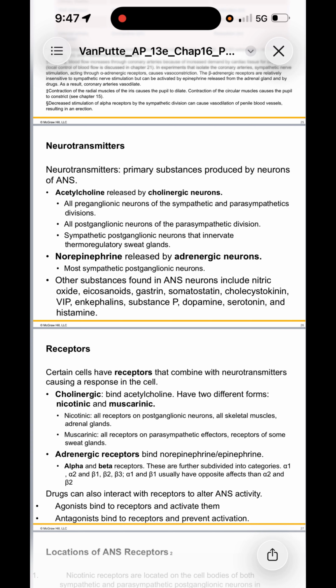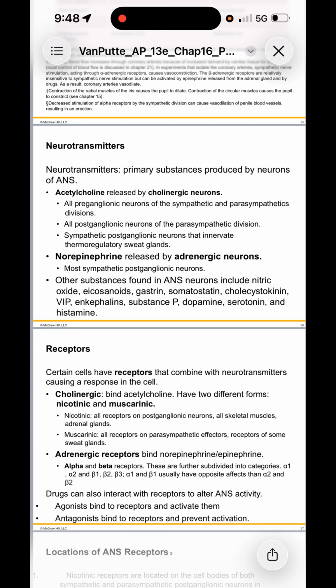Norepinephrine is released by adrenergic neurons, most sympathetic postganglionic neurons.